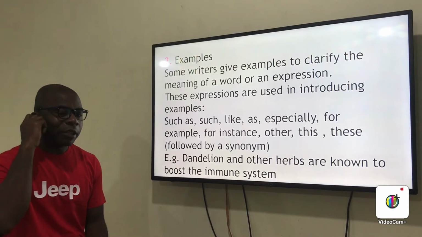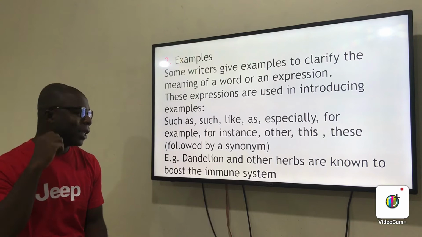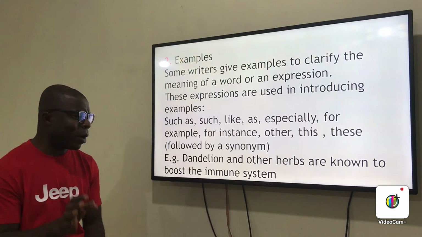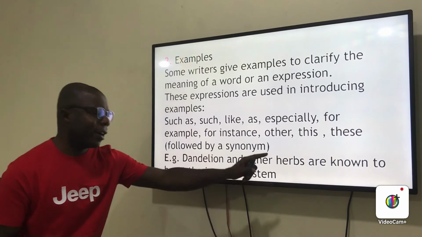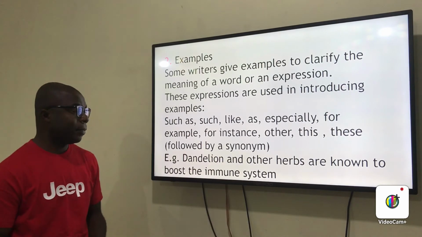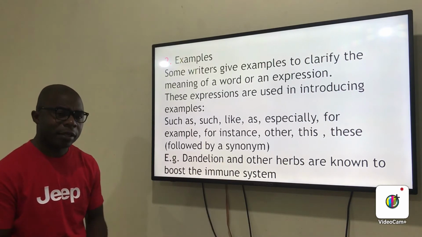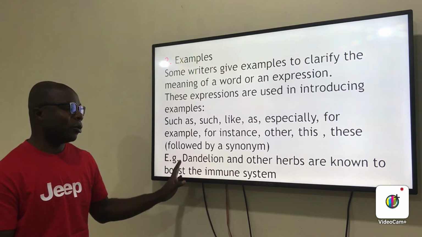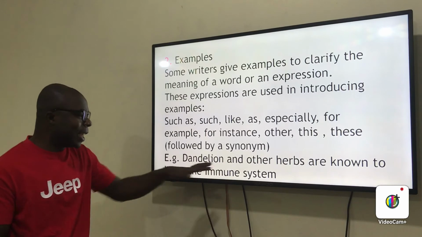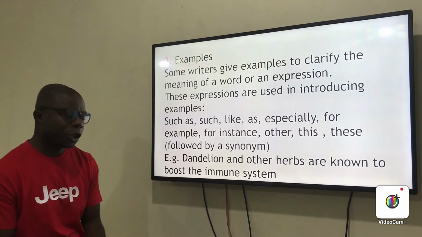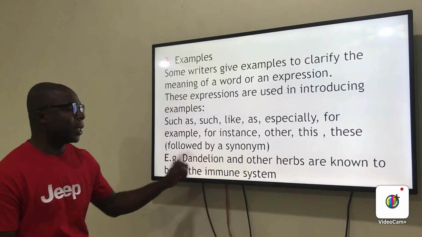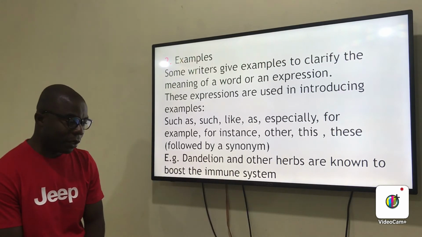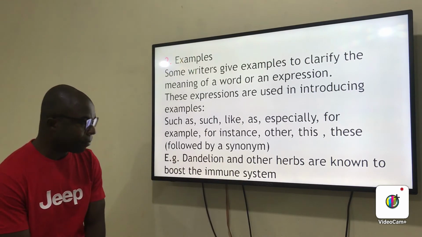So even before you get into the dictionary to find out what dandelion is, you already have a cue, a big one, "and other herbs." In fact, it would be weird or strange that dandelion doesn't refer to a particular type of herb in this sentence. Sure, it could be something else, but the sentence gives the cue that dandelion must be a herb.